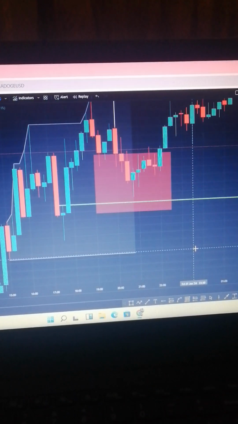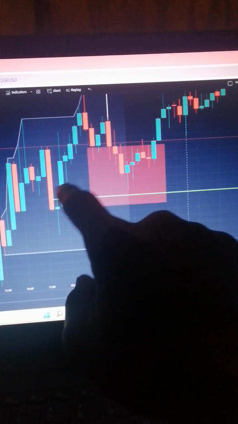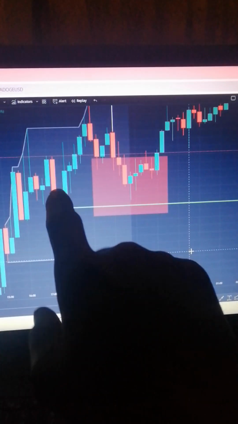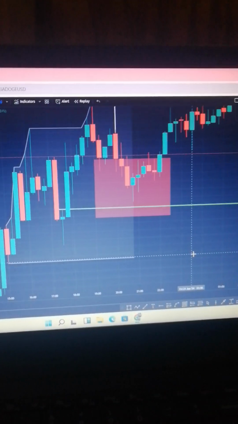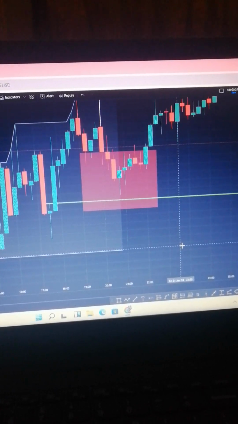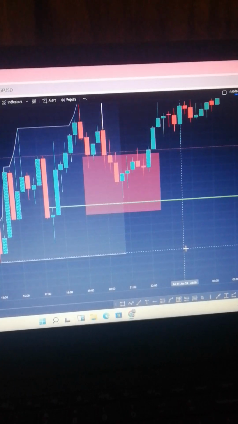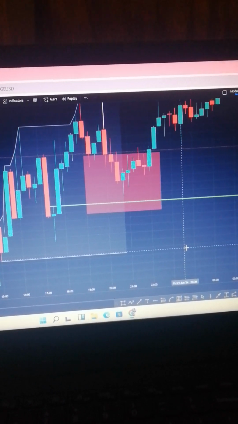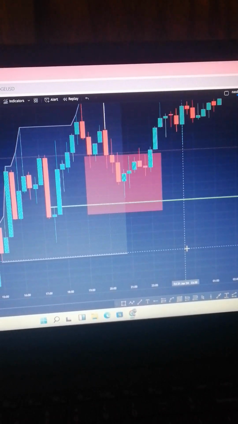That becomes also an order block, and there is imbalance, there is a gap. So an order block can be the last down candle when the price is going up, or the last up candle when the price is going down.